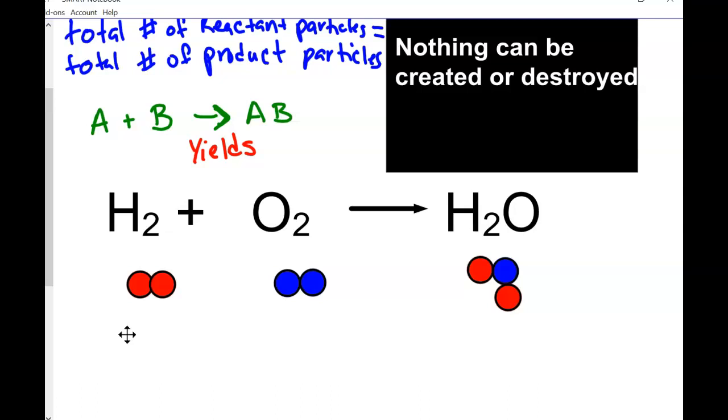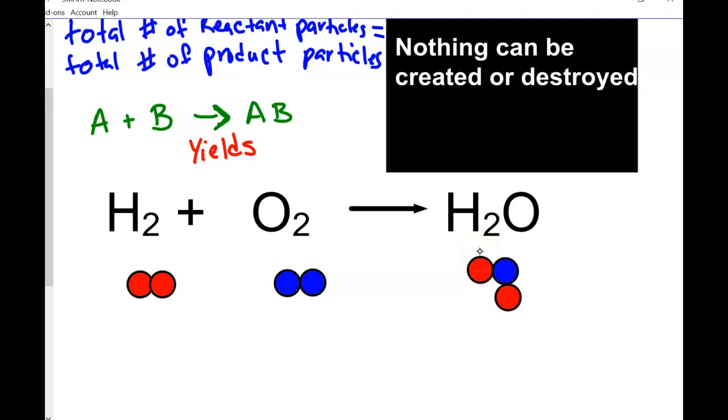So, which element is out of balance? For which element does the amount on the left side not equal the amount on the right side? That's right, it's oxygen. You'll notice that you have two oxygen atoms on the left side of the reaction, but we only have one oxygen atom on the right side.